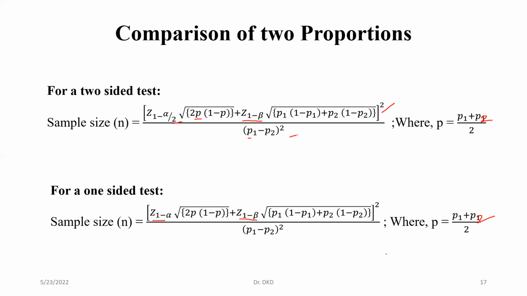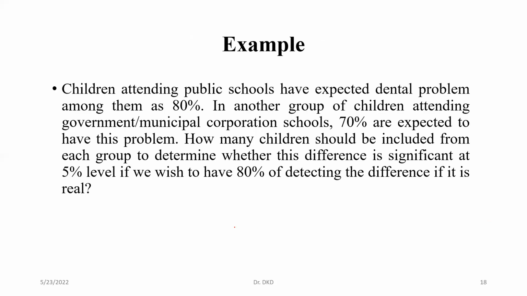For that, we have an example to calculate the minimum sample size. For example, children attending public schools are expected to have dental problems at a rate of 80%. In another group, children attending government municipal corporation schools, 70% are expected to have this problem.